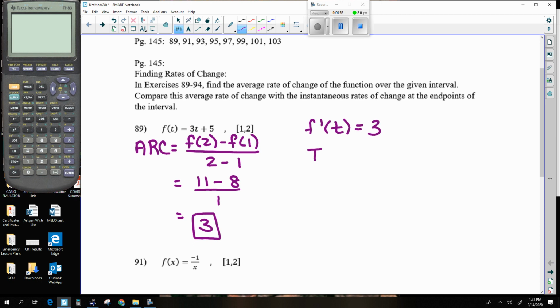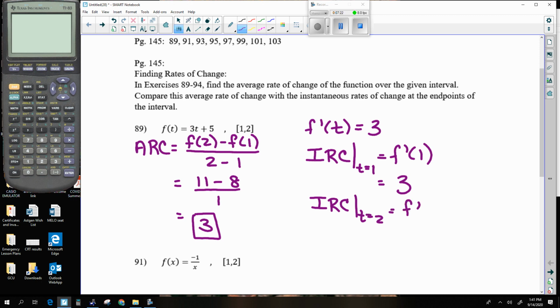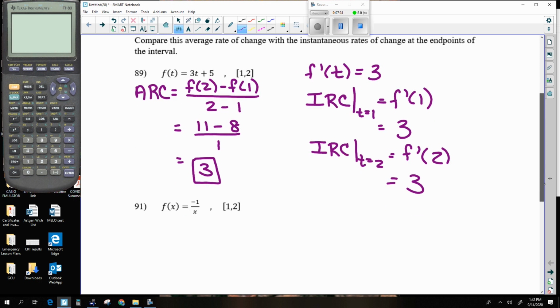So the instantaneous rate of change at t equal to 1 is f prime of 1, which is 3. And then the instantaneous rate of change at t equal to 2 is f prime of 2, which is still 3. So here they're all the same.